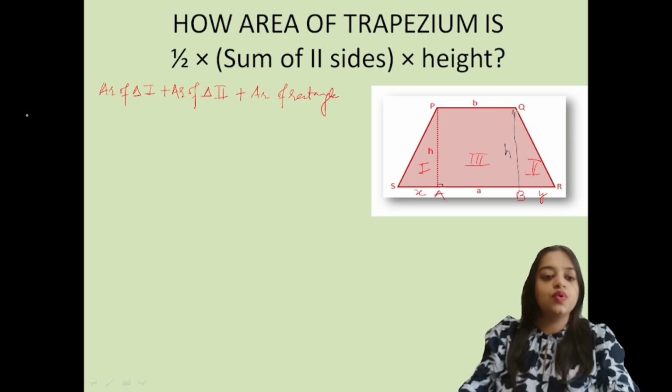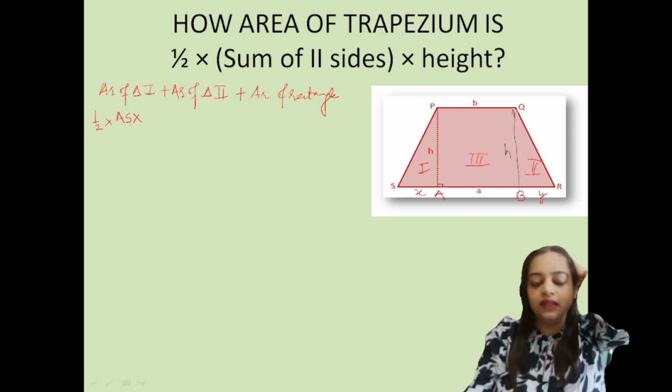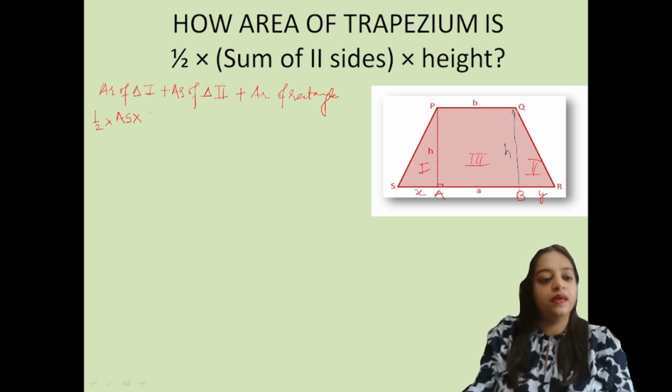So area of triangle will be half into base यहाँ पे क्या होगा AS, I'm writing as first, then I'll put the value later in the next step. Half into AS और height क्या होगी AP, you can see in the figure, plus area of triangle 2, it will be half, base is BR, height is BQ, plus area of rectangle, which is length into breadth, length is AB, breadth is AP.